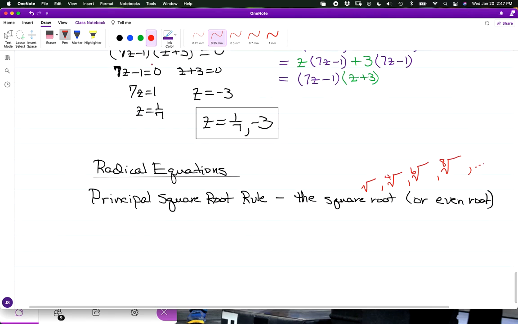And for the principal square root rule, we have that the square root of an expression cannot reduce to a negative constant.